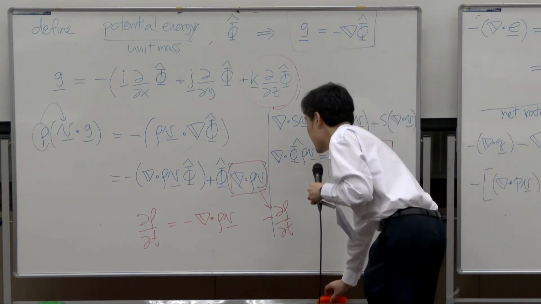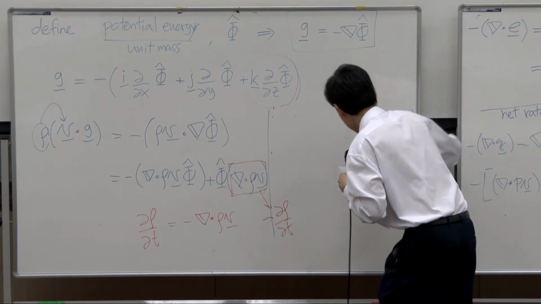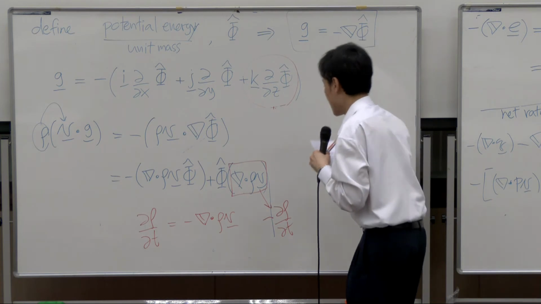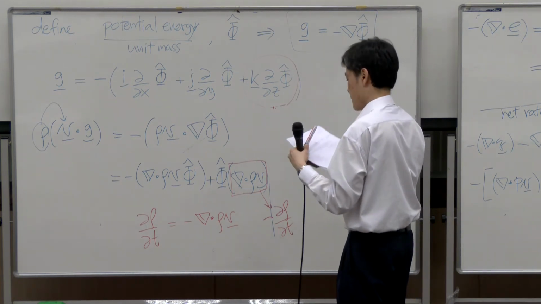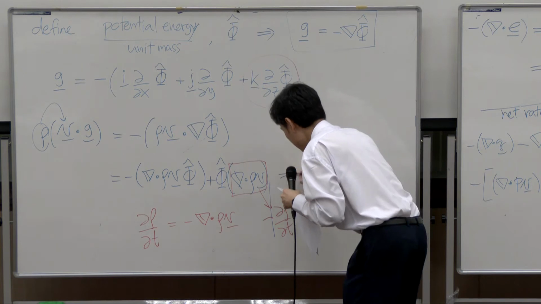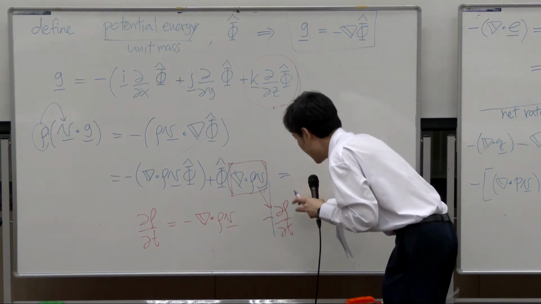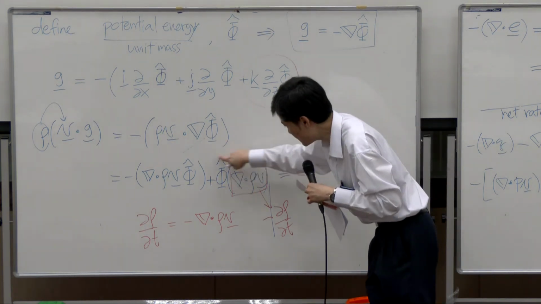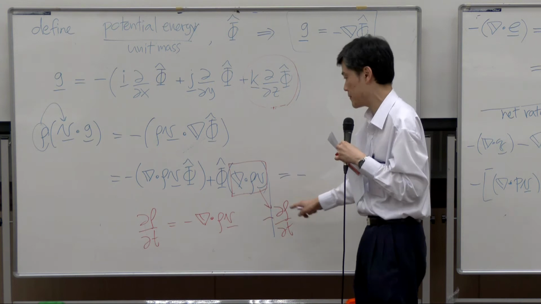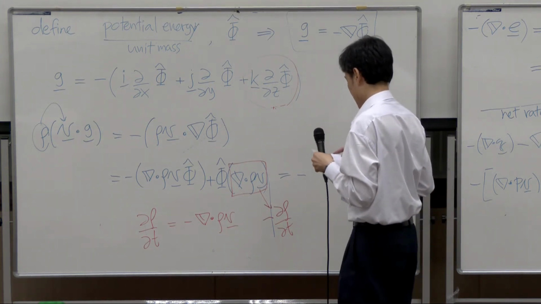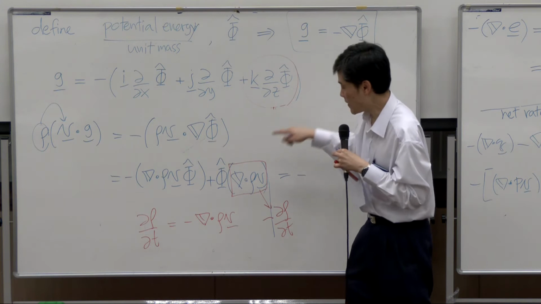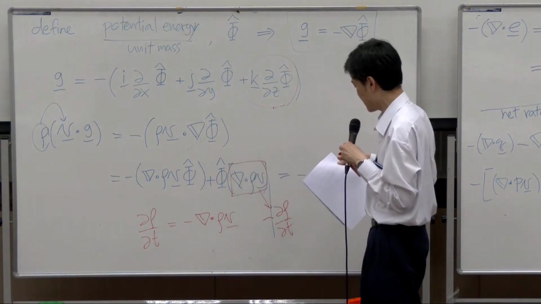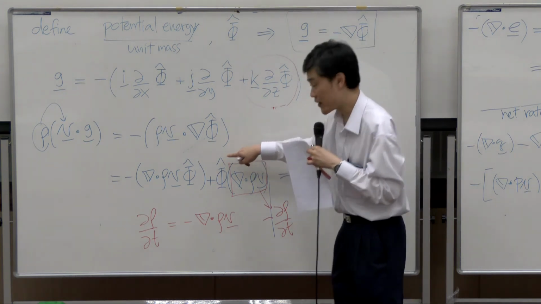All right, so let me erase this, and continue on this side. If I write this term first, I get minus, and I can move this scalar inside the differentiation, if we assume that this gravitational field, or potential energy per unit mass, is not a function of time.